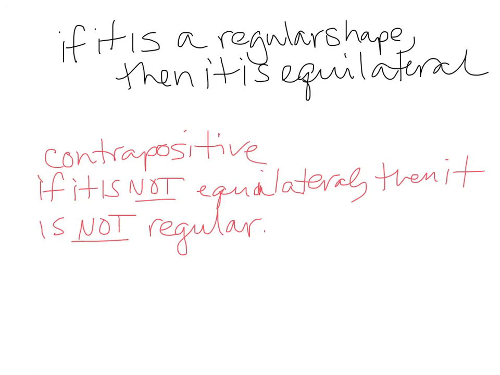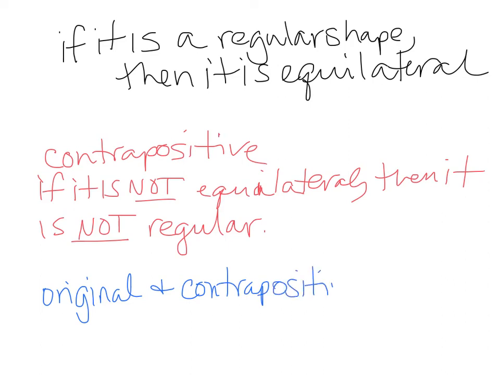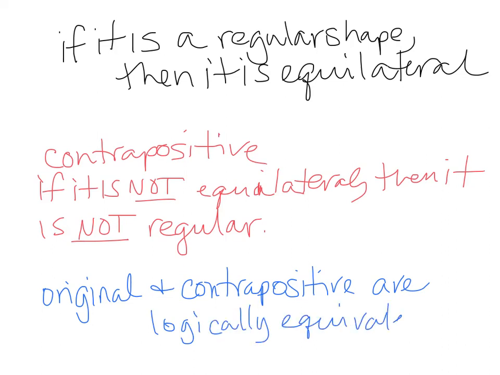Okay, so here's an important thing: the original and the contrapositive are what we call logically equivalent. Okay, so what that means is if one of them is true, they're both true. If one of them is false, they're both false. So if you can decide, oh, hey, this original statement's true, then we know the contrapositive is true.